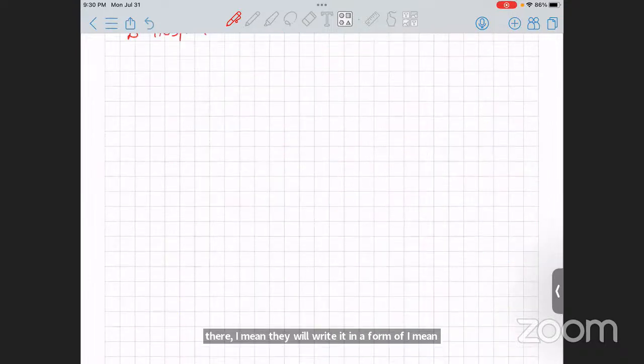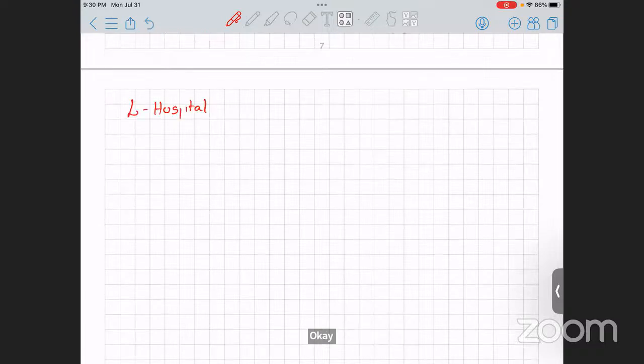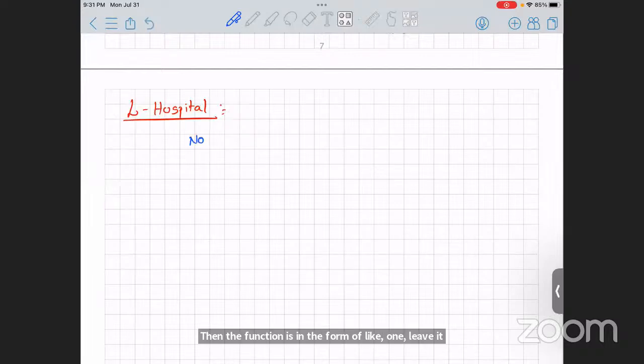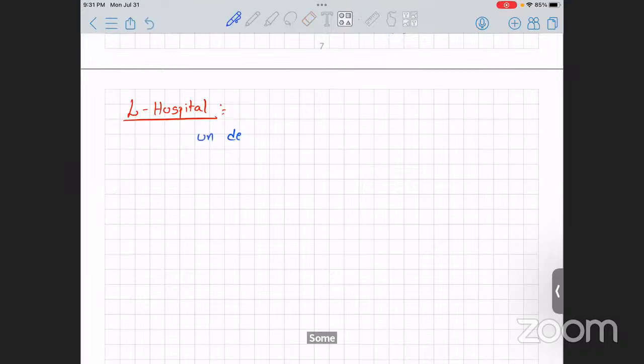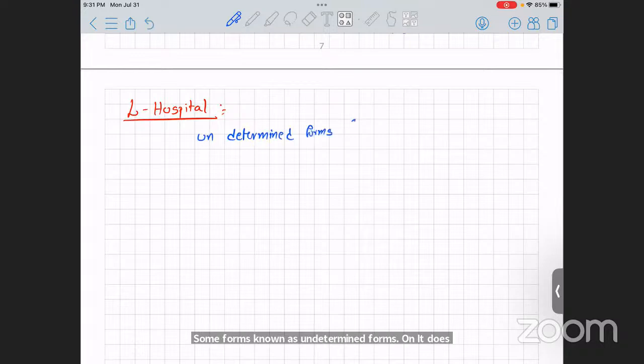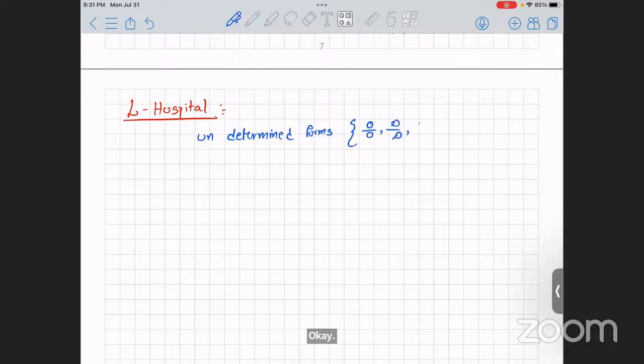And coming to this L'Hospital rule, when finding a limit, there are some forms known as undetermined forms. What are these undetermined forms? 0 by 0, infinity by infinity, 0 by infinity, infinity by 0.